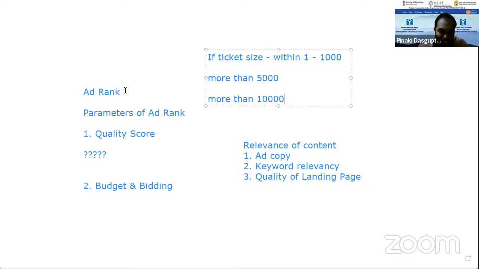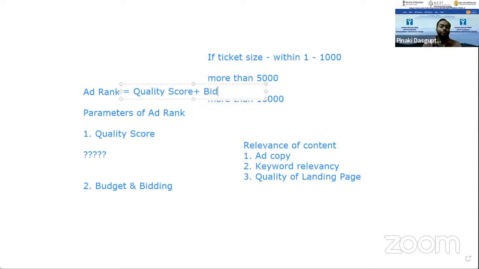Ad rank is basically the combination of both, equals quality score plus bid. So this is the combined result. Ad rank is the combined result of this thing.